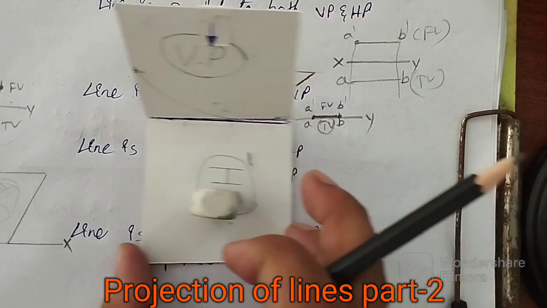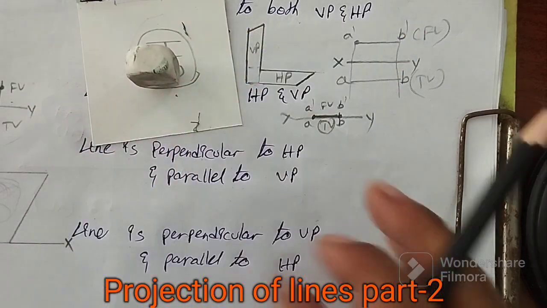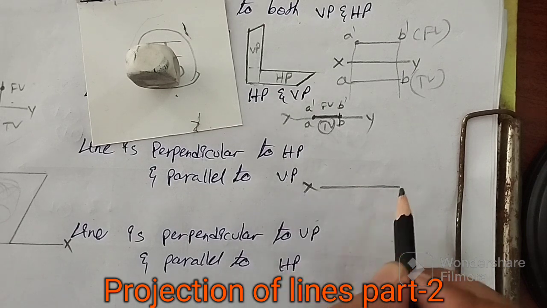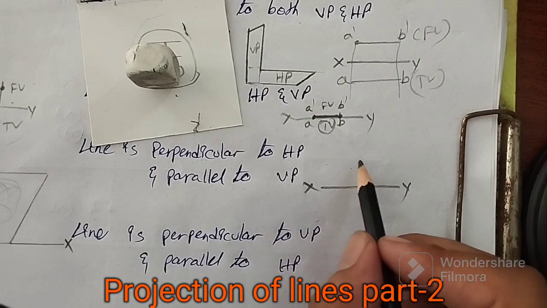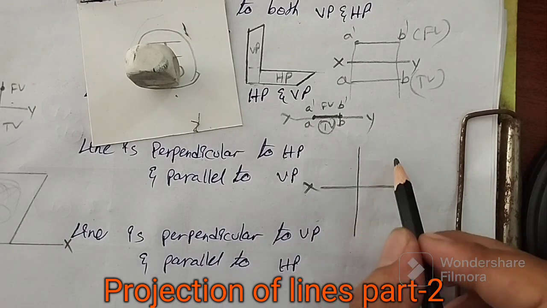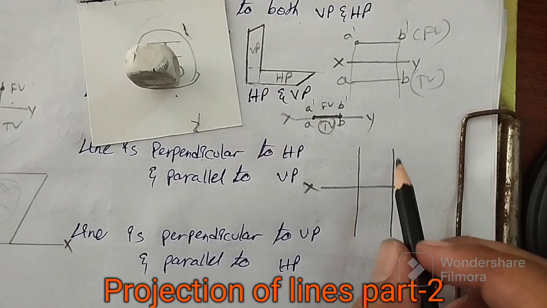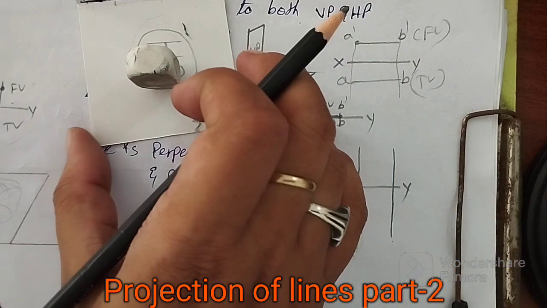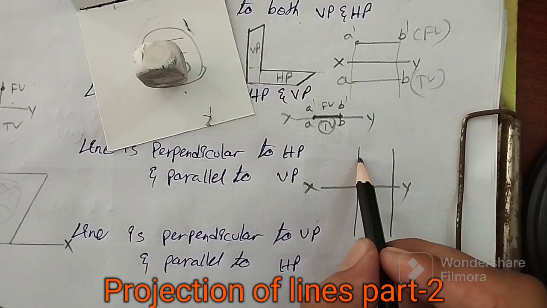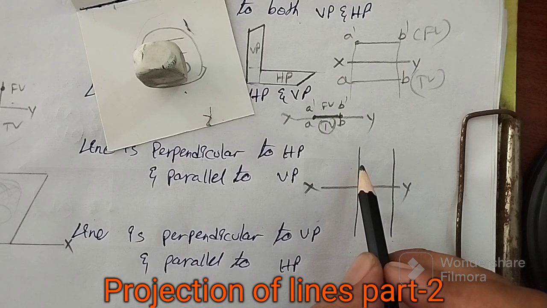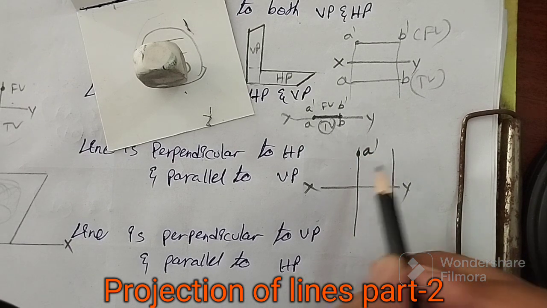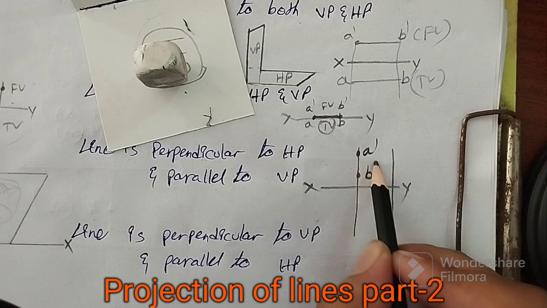So in the third case, when the line is perpendicular to HP and parallel to VP, what happens? If this is my XY, obviously this is all in first quadrant, no? So in first quadrant, FV, the front view, is above and the top view is below. When I'm looking at this eraser from front view, I am able to see the whole length, A dash, B dash.